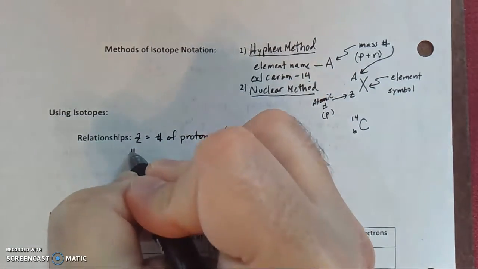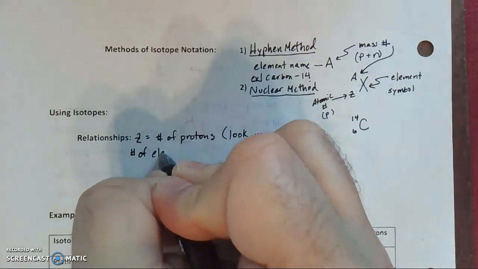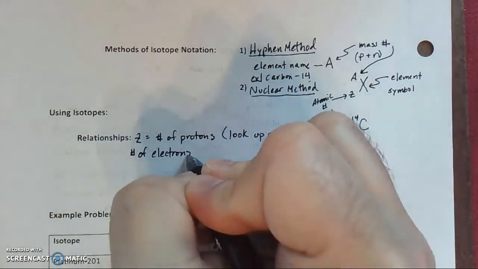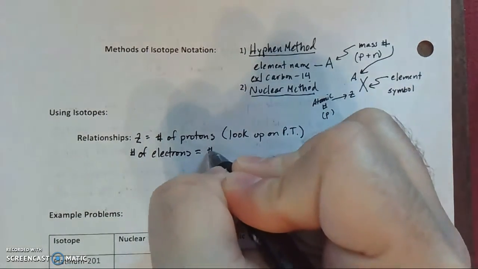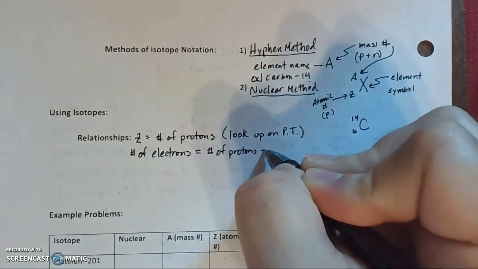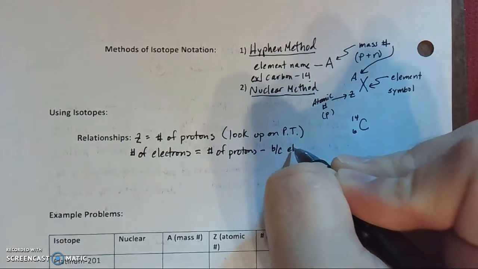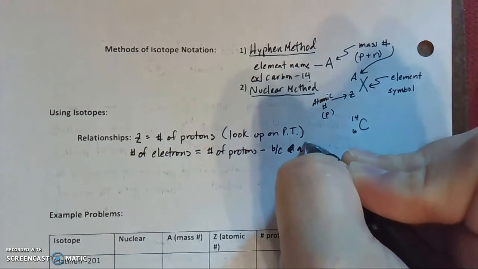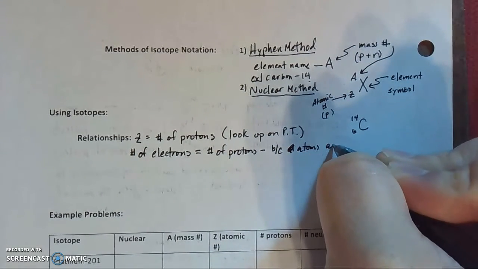We know that the number of electrons equals the number of protons. And this is because atoms are neutral.